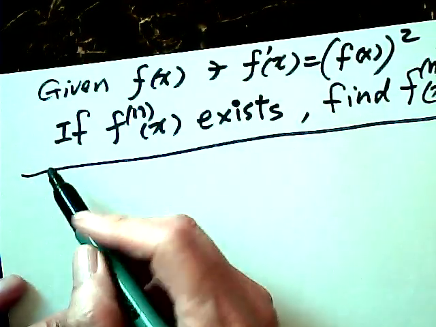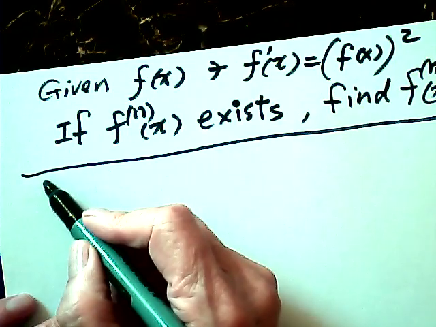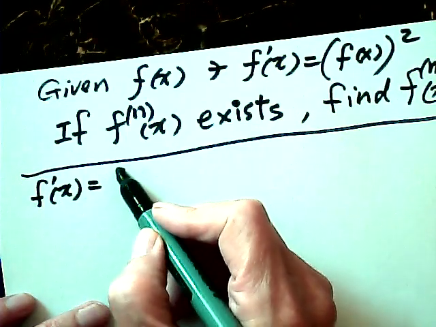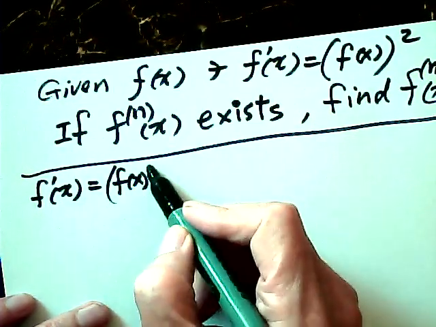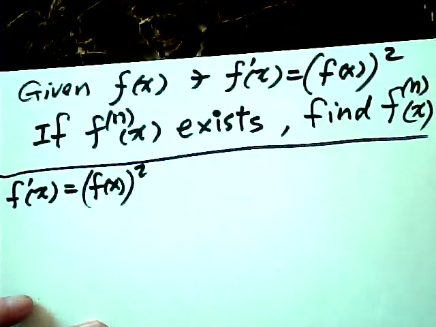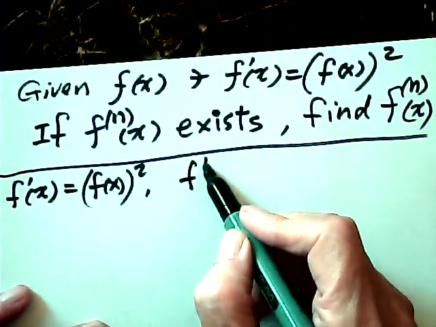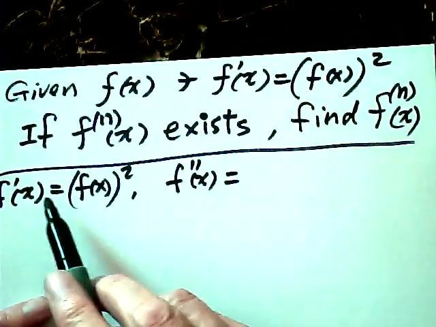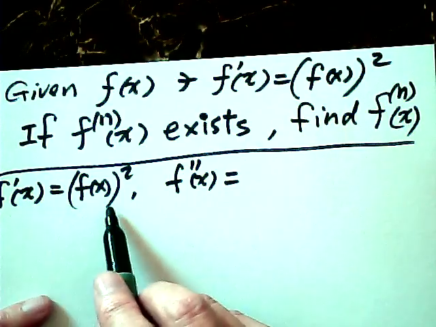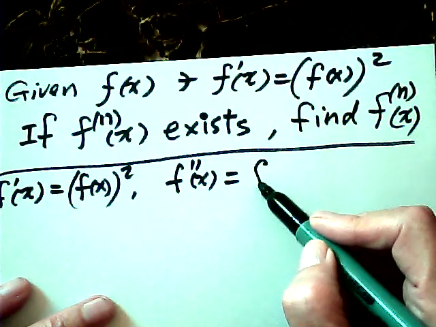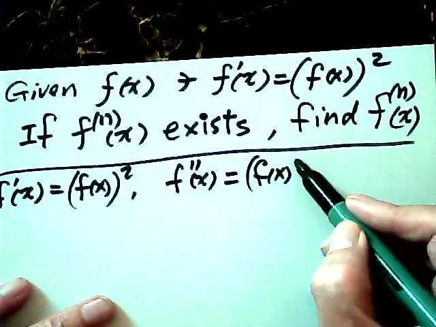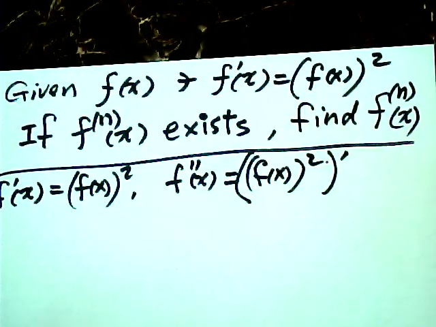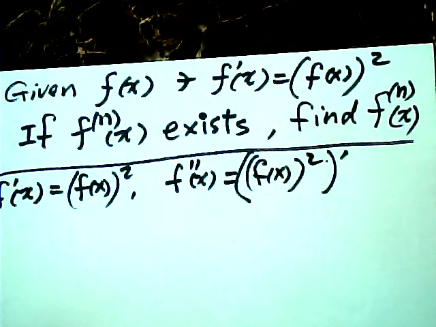Since f prime of x is equal to f of x squared, then f double prime of x is equal to the derivative of f of x squared with respect to x. This is the first derivative, this is the second derivative.